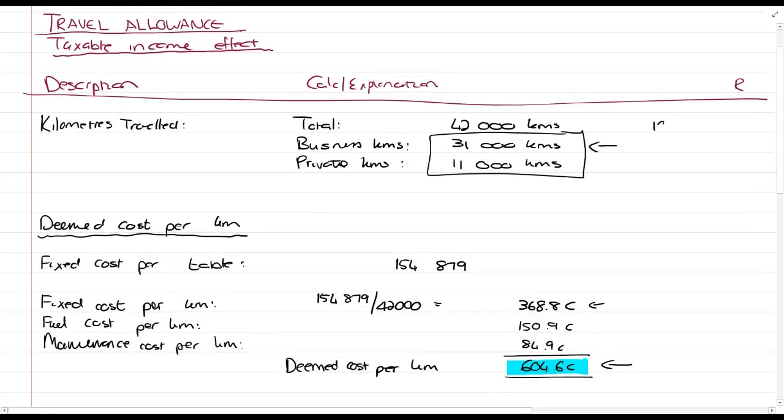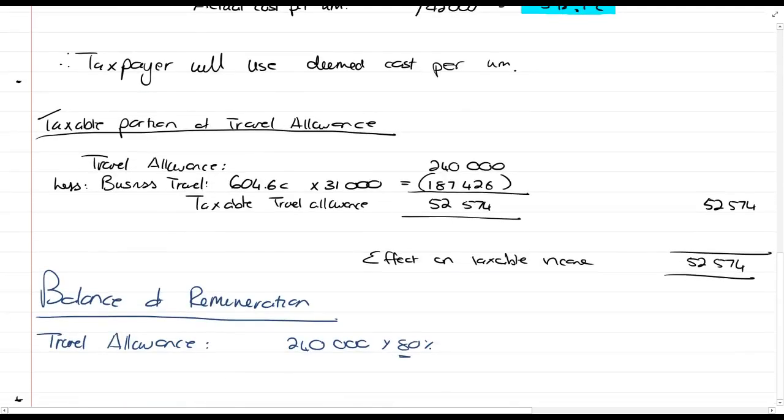If the total kilometers was 100%, then 31 over 42 is 74% rounded, so 26%. Because we have used less than 80% of our total travel as business, we have to calculate remuneration using 80%.